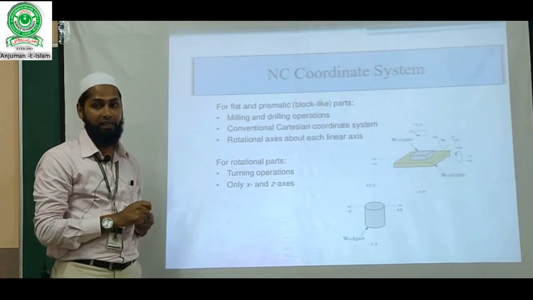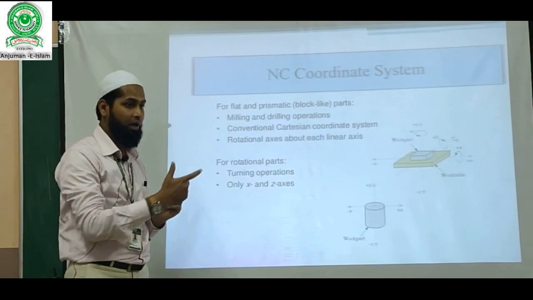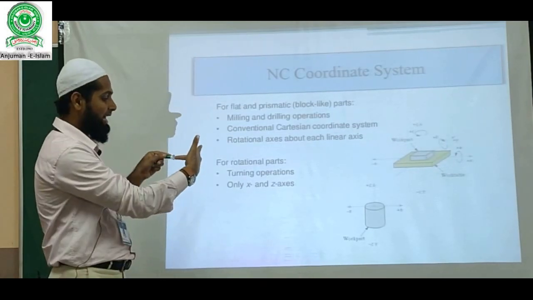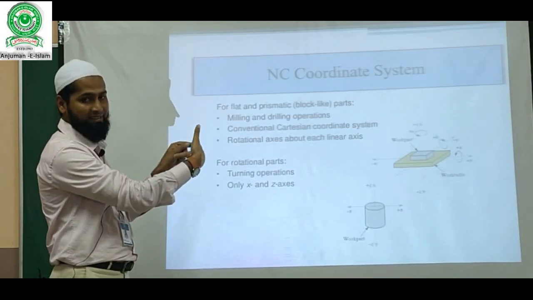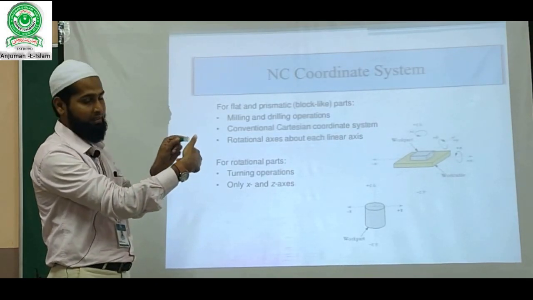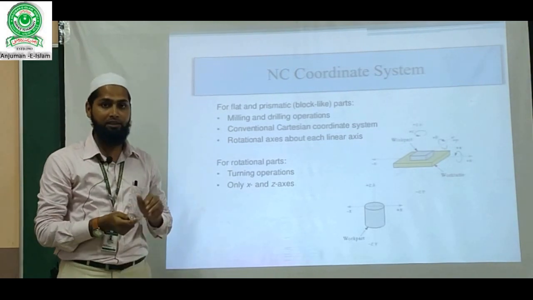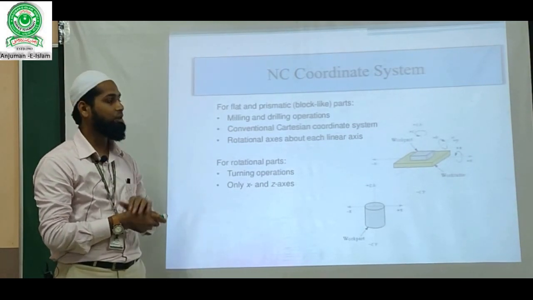Similarly, in the turning machine we use only 2 axes, that is the z axis and x axis, not the y axis. That is the NC coordinate system.